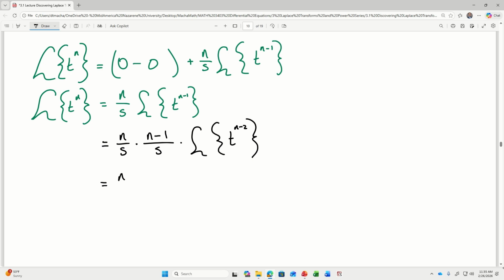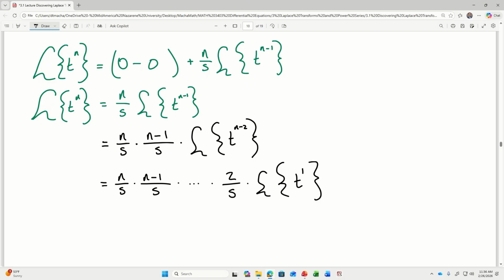And we'll reach a point where we have n divided by s times n minus 1 over s times n minus 2 over s times n minus 3 over s, and so on and so forth, until we get down to 2 divided by s times the Laplace transform of what? Yeah, t, which is the same thing as t to the power 1, right?